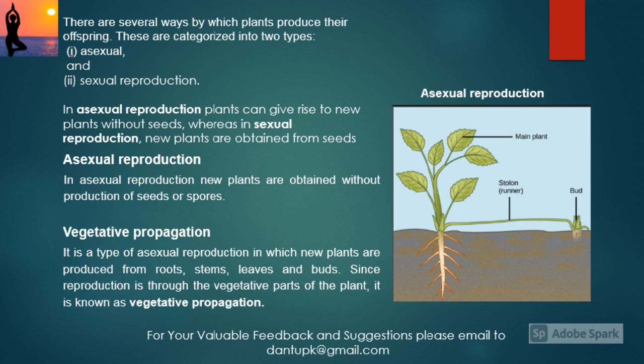In asexual reproduction, new plants are obtained without production of seeds or spores. Vegetative propagation. It is a type of asexual reproduction in which new plants are produced from roots, stems, leaves and buds. Since reproduction is through the vegetative parts of a plant, it is known as vegetative propagation.